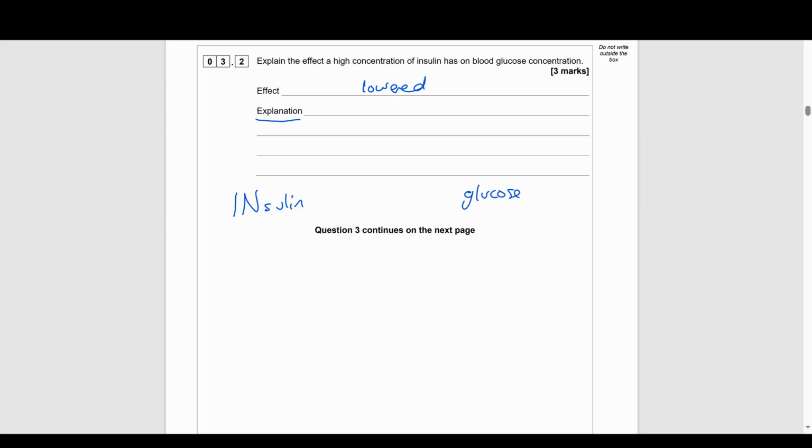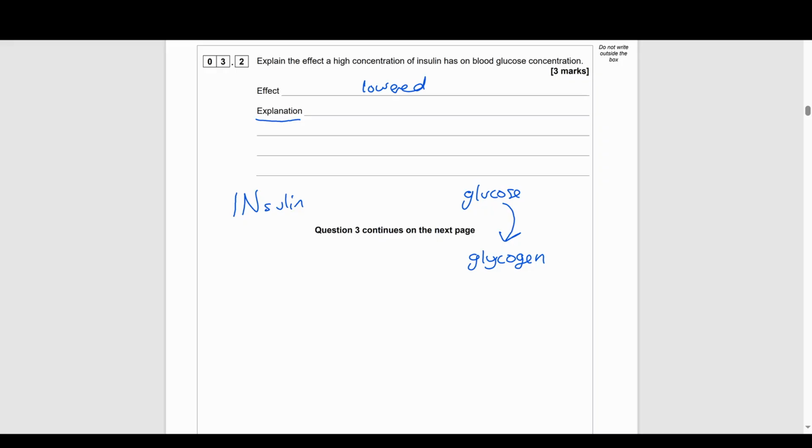The glucose is a carbohydrate, but it's a soluble carbohydrate. So it gets converted into an insoluble carbohydrate, and that is called glycogen. So this storage of carbohydrate now can't be dissolved in your blood.